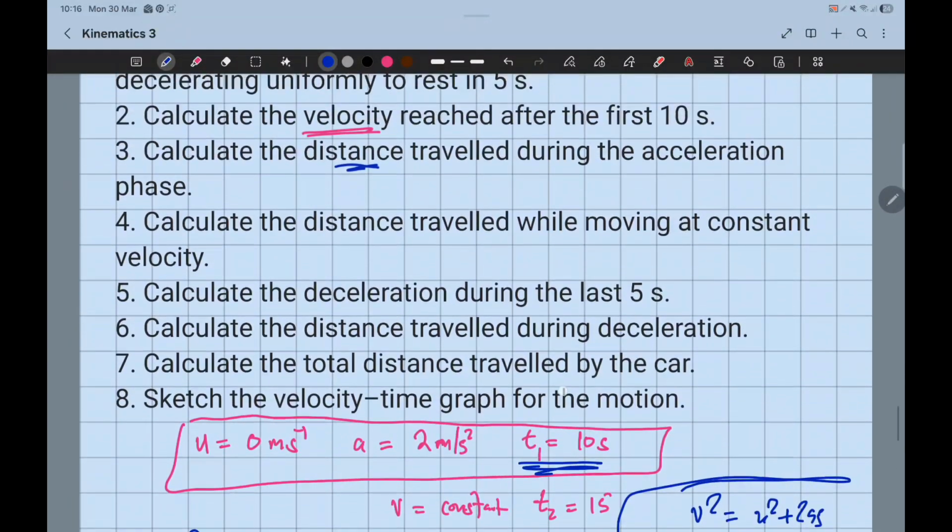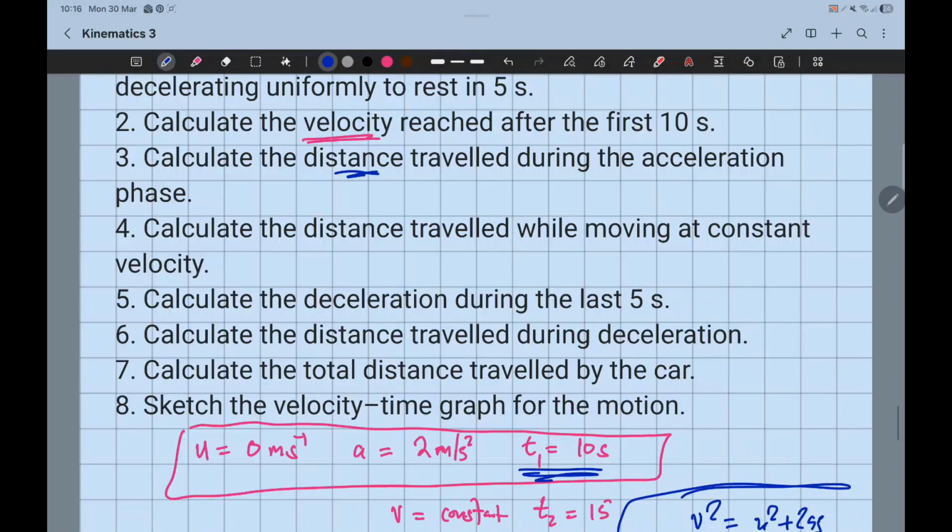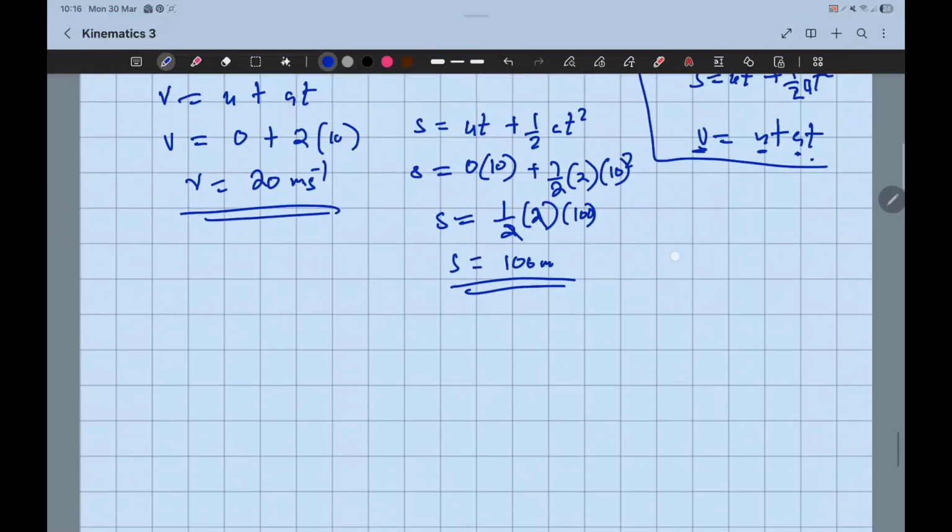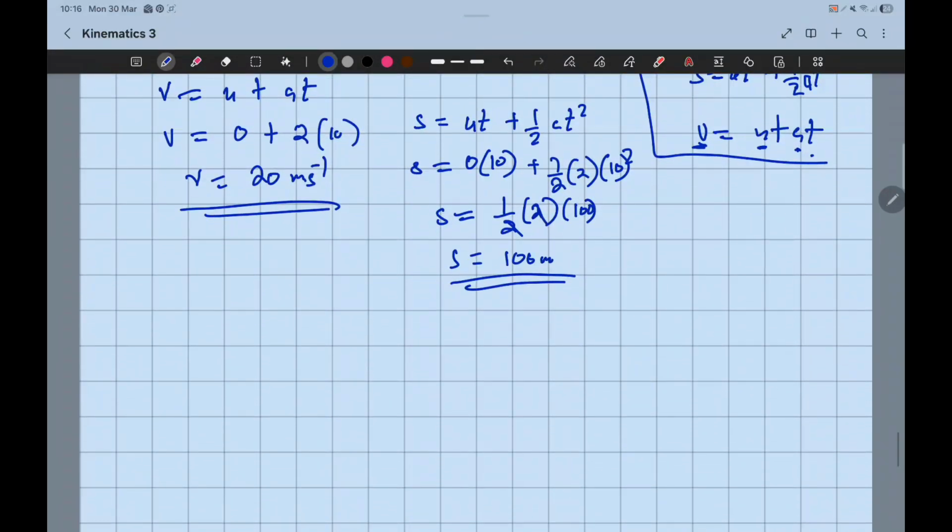And then, calculate the distance traveled while moving at a constant velocity. The constant velocity we were moving with, we know it is 20 meters per second.